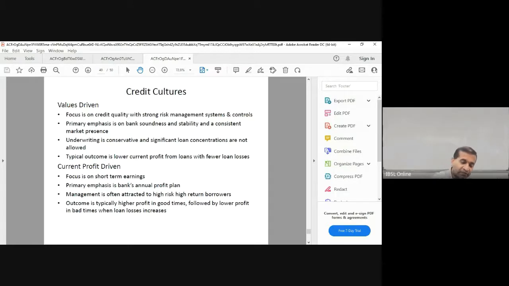So the bank wants to stabilize and remain very solid for a stable period of time. Underwriting is very conservative and significant loan concentrations are not allowed. Typically the outcome is lower current profit. So these banks have a gradual growth rather than a strategic growth.